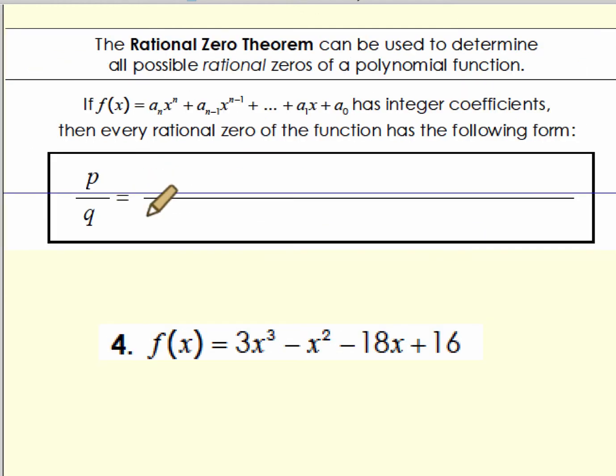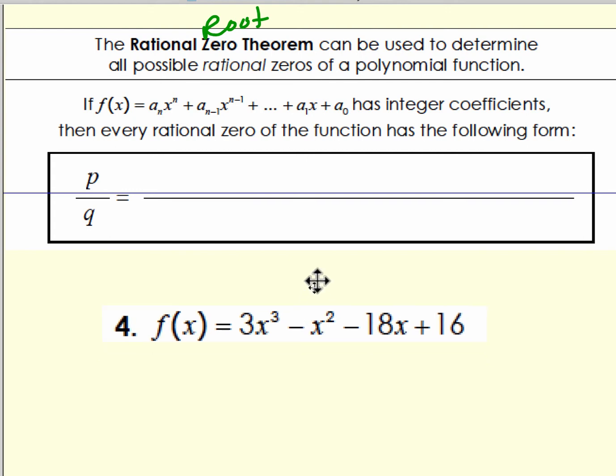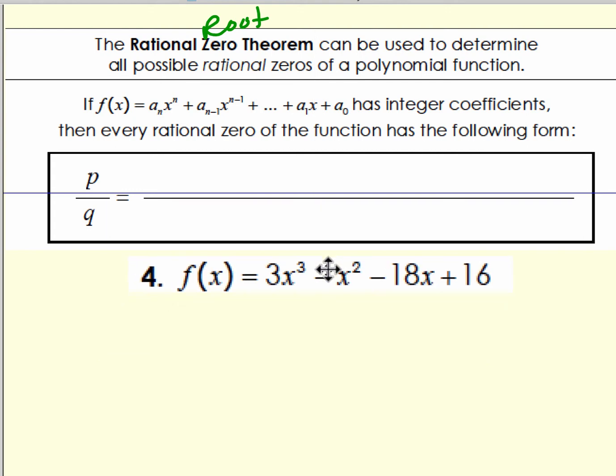Okay, so the rational root theorem, or rational zero theorem, can be used to determine all possible rational zeros of a polynomial function. Now this one is really, really useful, I promise. But sometimes it feels like futility.